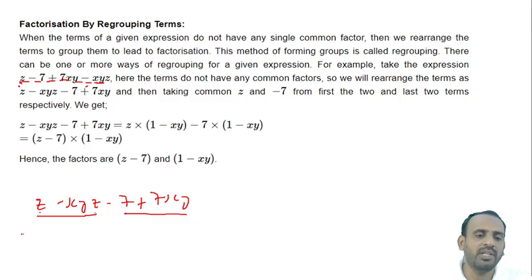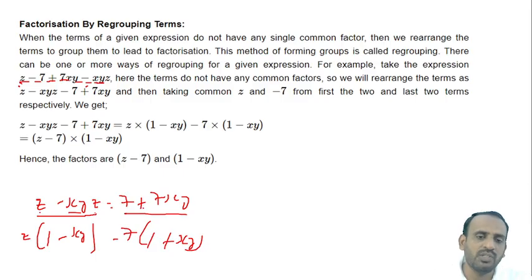Z is common. So if we take out z as common, into 1 minus xy, then minus 7 into again 1 minus xy. It's not plus, because we have taken minus common, so this will also become minus. We need to make sure these two common factors remain the same.